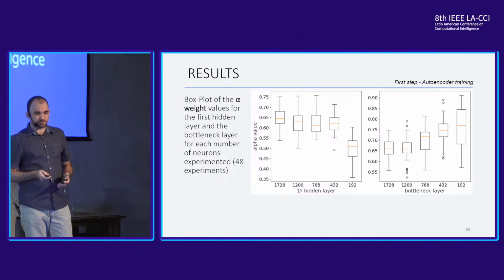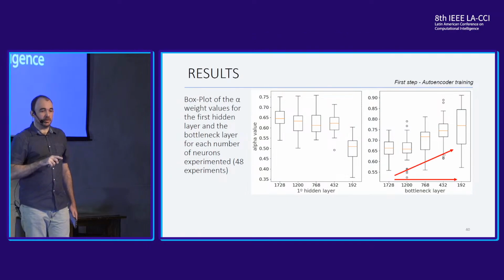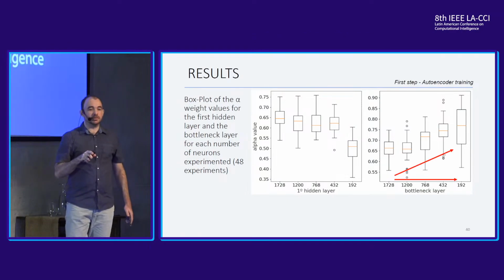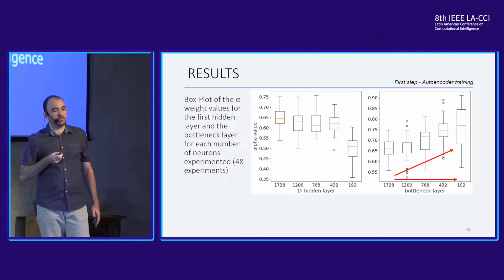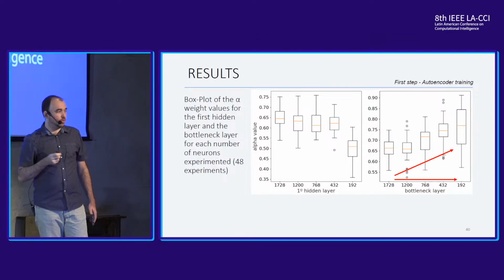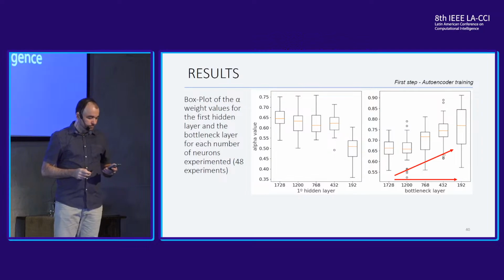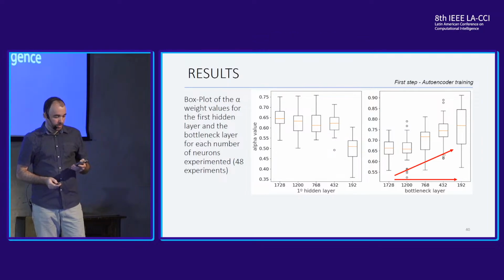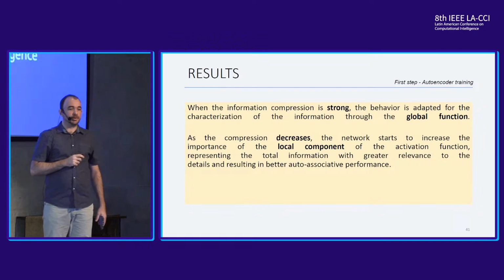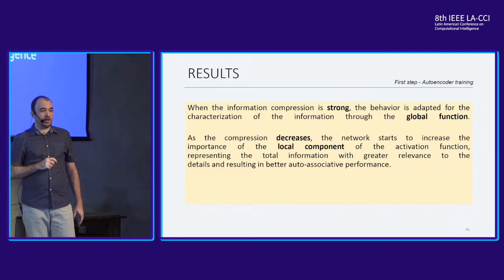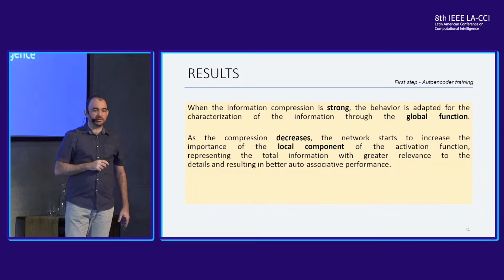As we can see, when I increase the compression of the autoencoder, the alpha value increases, showing the global component. When the information compression is strong, the behavior adapts to characterize the information through the global function. As the compression decreases, the network starts to increase the importance of the local component.